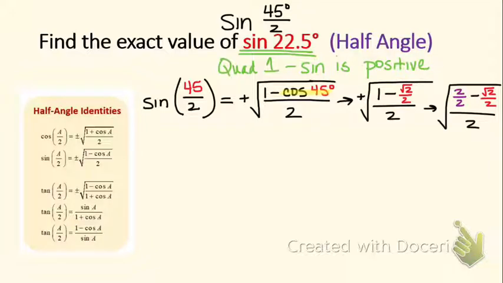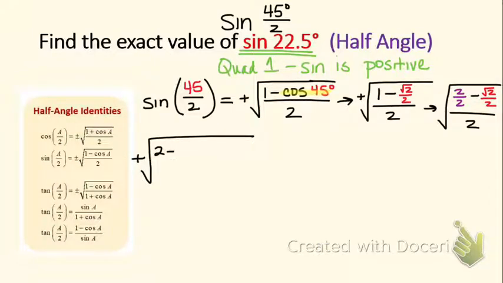So now that I have a common denominator, I can bring this together as a single fraction. So I'm going to write this a little different. So my numerator becomes 2 minus root 2 over 2.